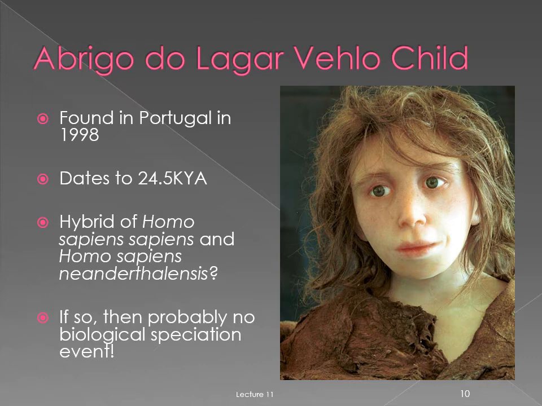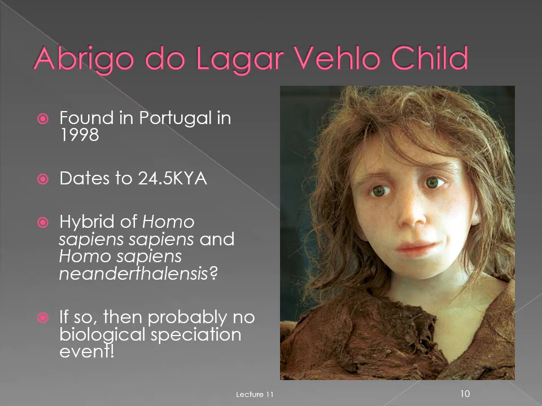That alone isn't enough to counter the complete replacement model, of course. Different biological species can sometimes interbreed and produce living offspring, like a horse and a donkey creating a mule, or a lion and tiger creating a liger. But those hybrids are always infertile and can't have offspring of their own. Since this child died at age 4, we don't know whether he would have been fertile on reaching adulthood.